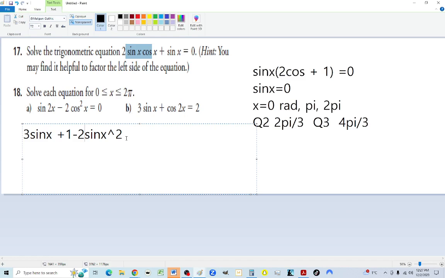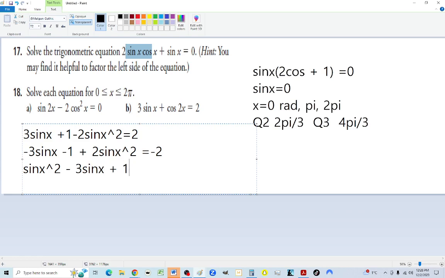Now if you rearrange that and multiply it by minus, put sine x squared in front, bring that minus 2 over.